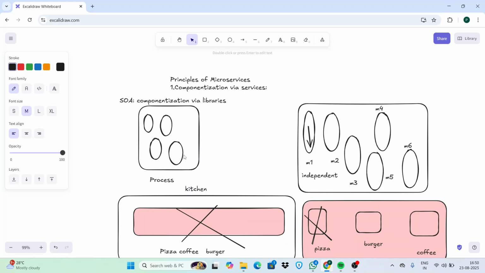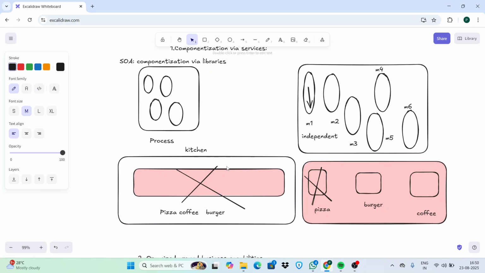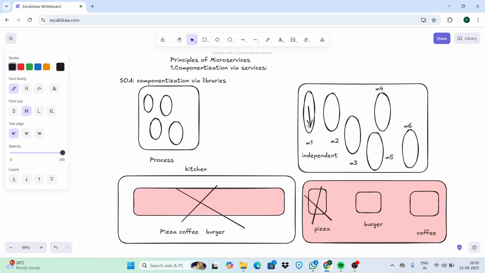So the first was componentization via services. What it says, I will summarize it. Componentization via services means each service should be independent. Each service should be independently developed, deployed, updated, and scaled whenever they want to.